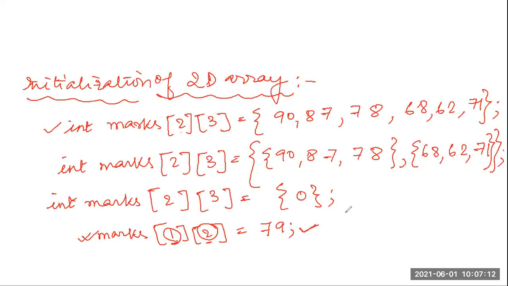There was a for loop from 1 to less than n. Here two for loops will be there, one for row, one for column. Suppose for row I take n1, and for column I take n2, i will run from 0 to n1, j will run from 0 to n2. Simple concept, but this is the difference. Fine. So let us now do that.